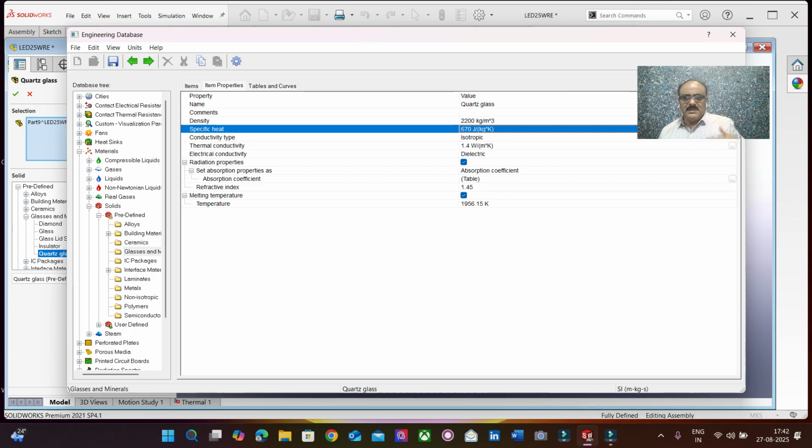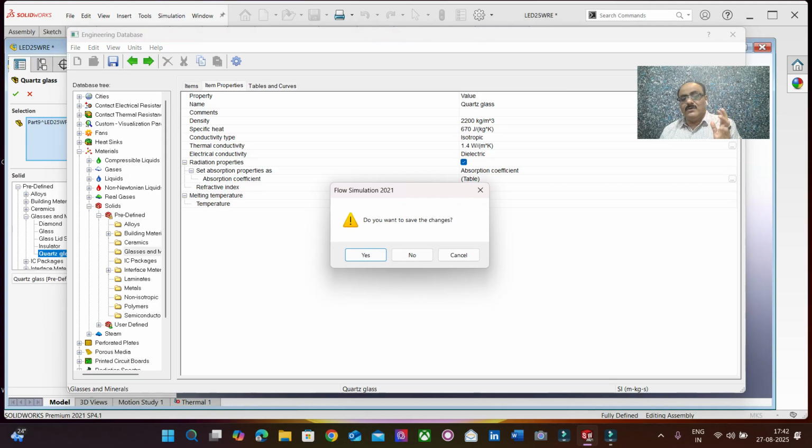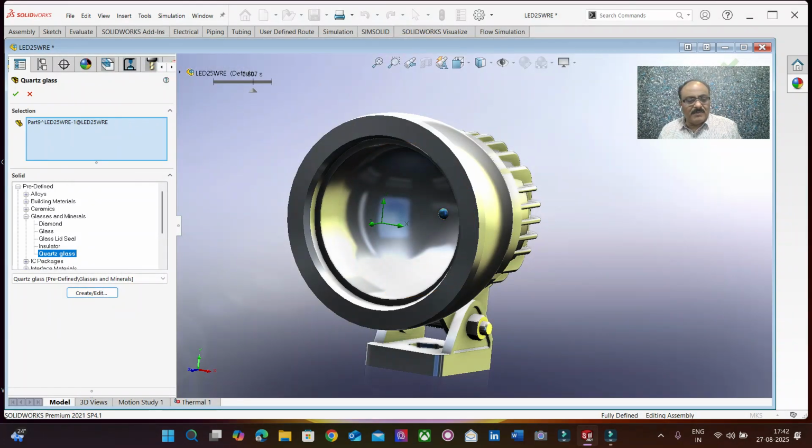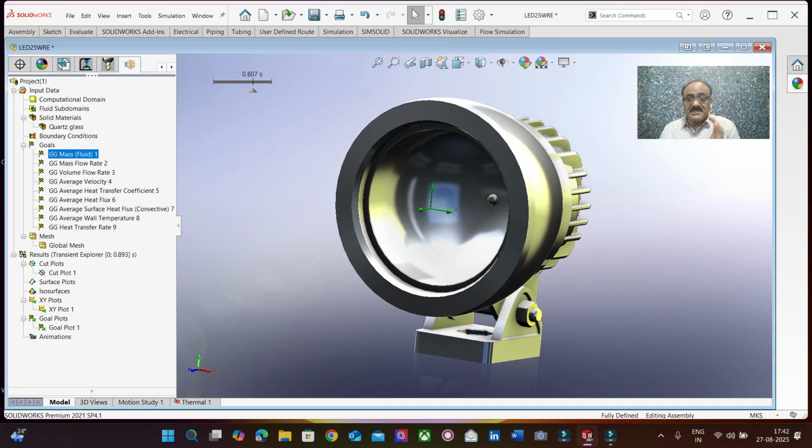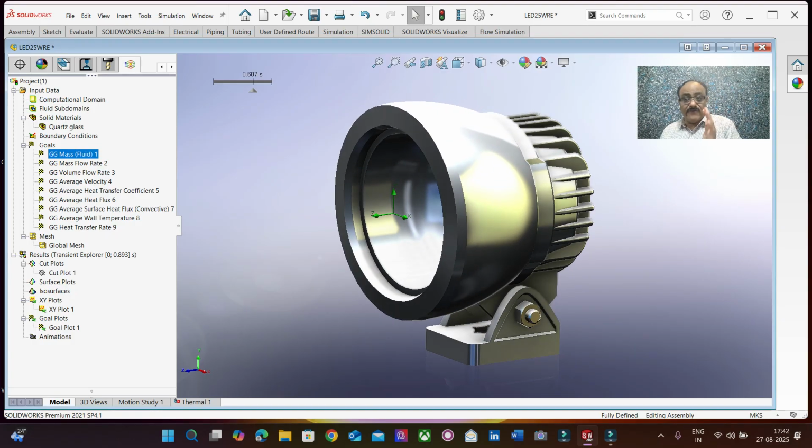Now these are all the input parameters that are to be defined for the bulb that we are using, because that's the temperature source. Based on that, we are performing the simulation, and these are all the outputs that I need. The first output is whether there is heat and mass transfer involved.